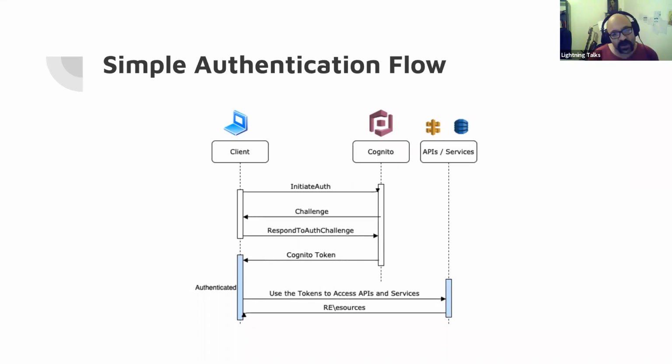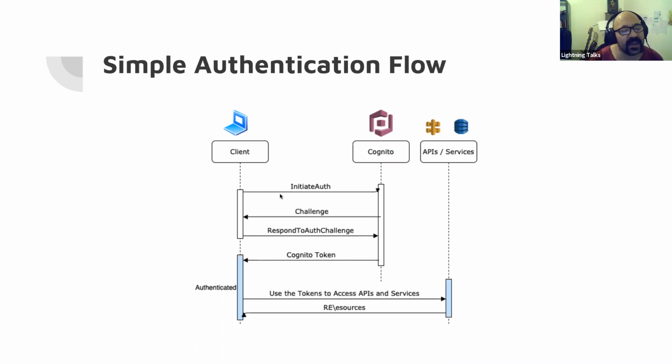So before we jump to a practical example, let me quickly outline how a simple authentication flow works with Cognito. You have the client here on the left, Cognito, and let's say you have APIs or services you want to protect against unauthorized access. So Cognito implements an API that you need to follow.